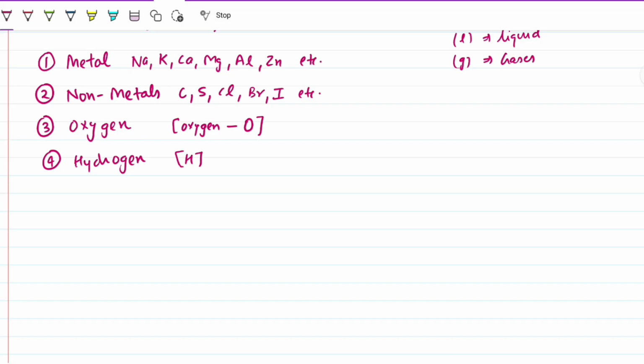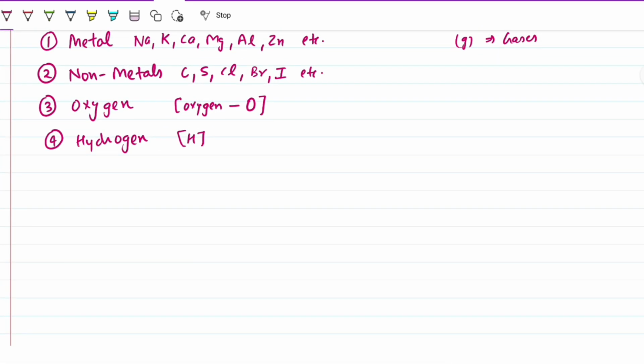One more thing: while balancing any equation, if I give you a simple example, like any general equation, A plus B gives C plus D. Suppose while balancing I have to write XA. Whatever number we are writing, we write before the reactant or the product.